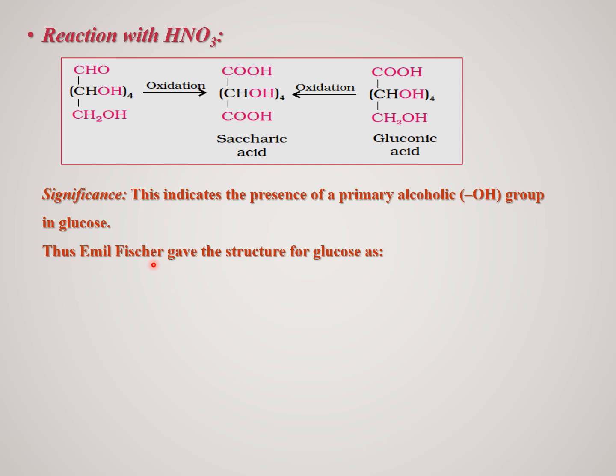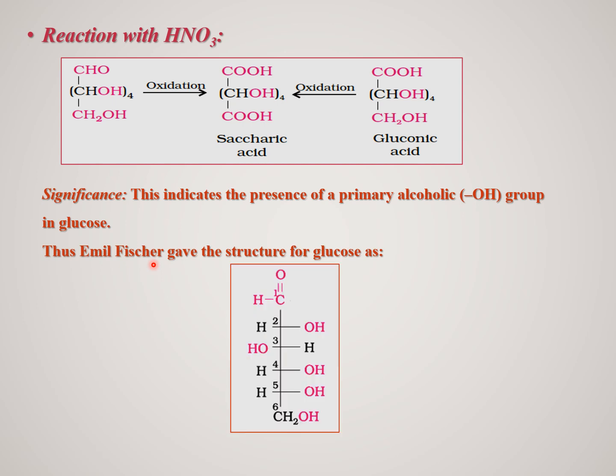of glucose. The open chain structure of glucose is as you see here on the screen. Here you have 6 carbon atoms in a straight chain arranged like this. The first carbon atom is an aldehyde. The second carbon atom is an alcoholic group with H on the left and OH on the right. The third carbon atom has OH on the left and H on the right.